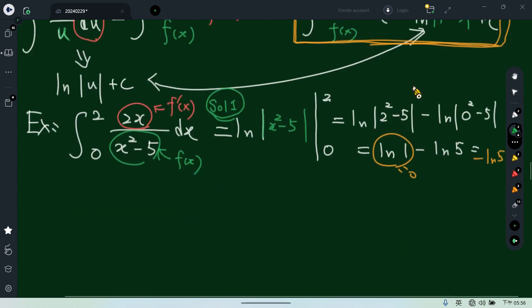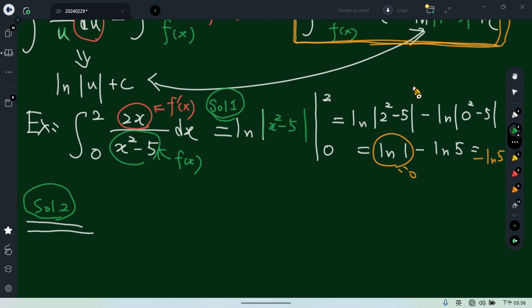For solution 2, did you still remember last semester we learned the substitution rule? What is substitution? We try to use a simple variable to replace a complex function.